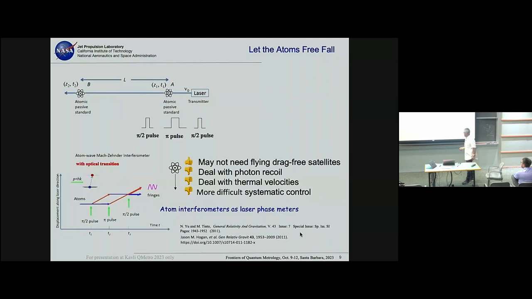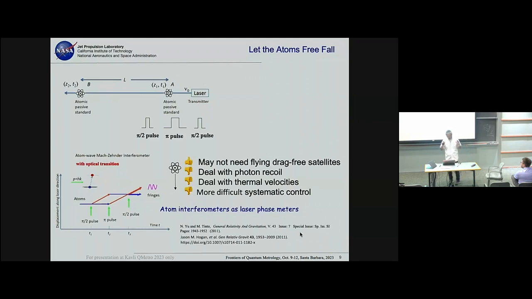Of course, if you have larger momentum transfer, that means you have a larger split of the atom wave packet, so the spacing between the two arms is much larger, and you need a much bigger space to run the interferometer. And larger space, of course, makes it harder to control all the systematics.